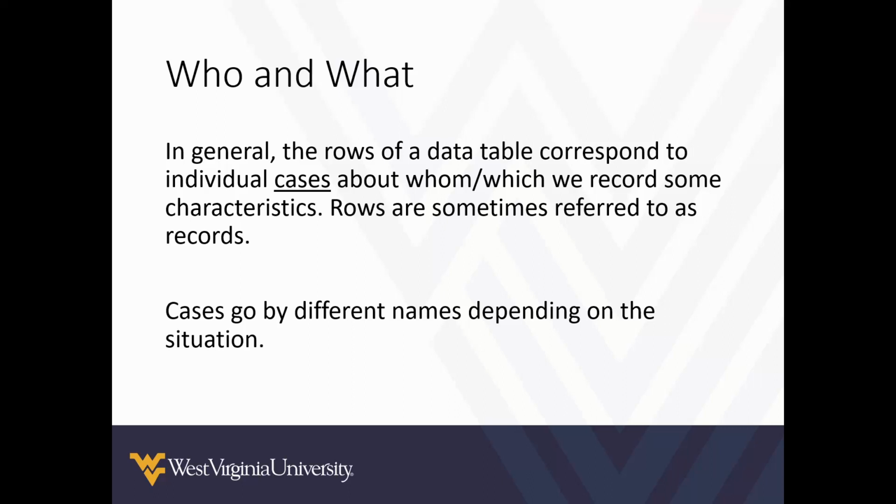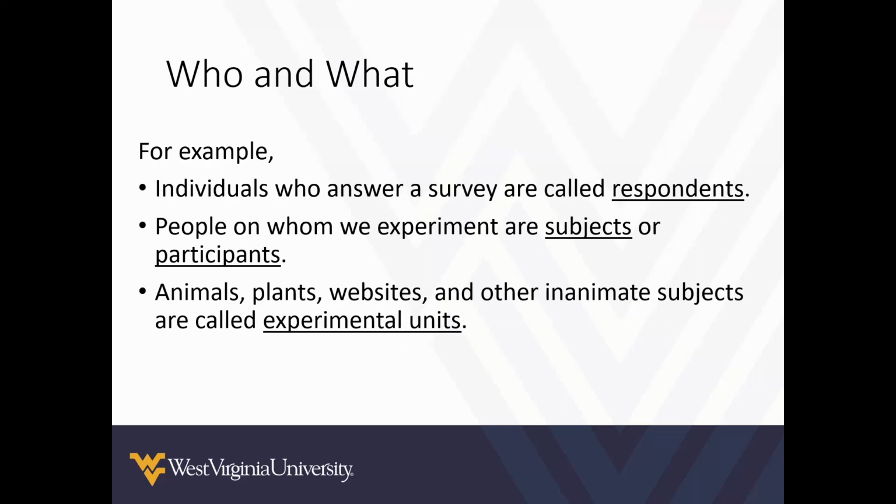So as far as who or what goes, in general, the rows of a data table correspond to individual cases about whom or which we record some characteristics. Rows are sometimes referred to as records. Cases go by different names depending on the situation. So, what do I mean by that? Individuals who answer a survey are often called respondents.